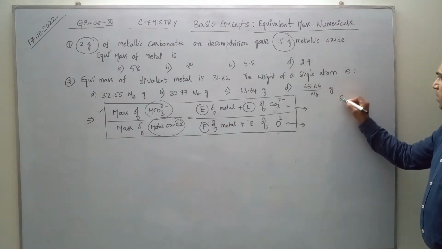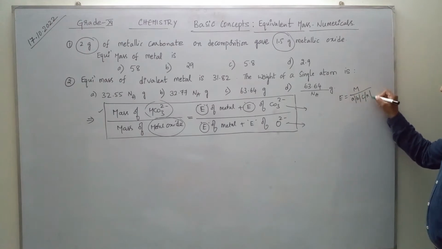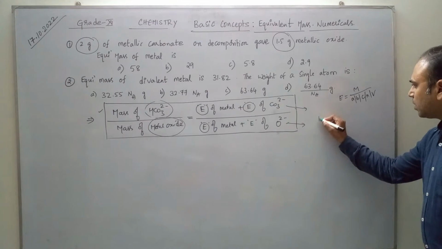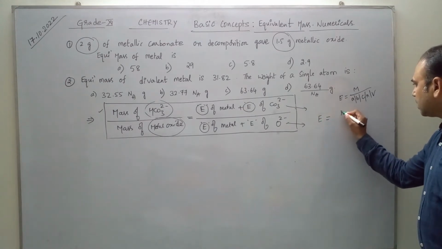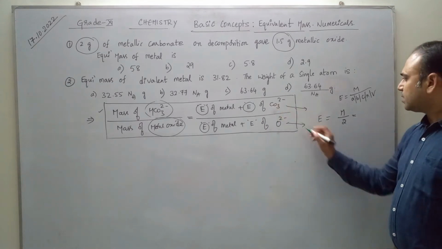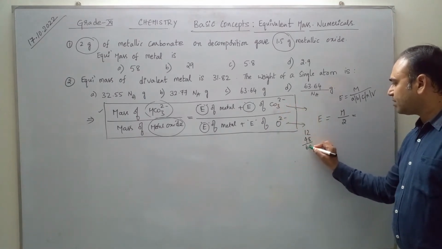First let us see here. Already we know E is equal to M by valency. This we discussed. Here what will be the valency of carbonate? That is nothing but M by 2. What is the molecular mass of carbonate? C is 12, O3 is 48, so we have 60.